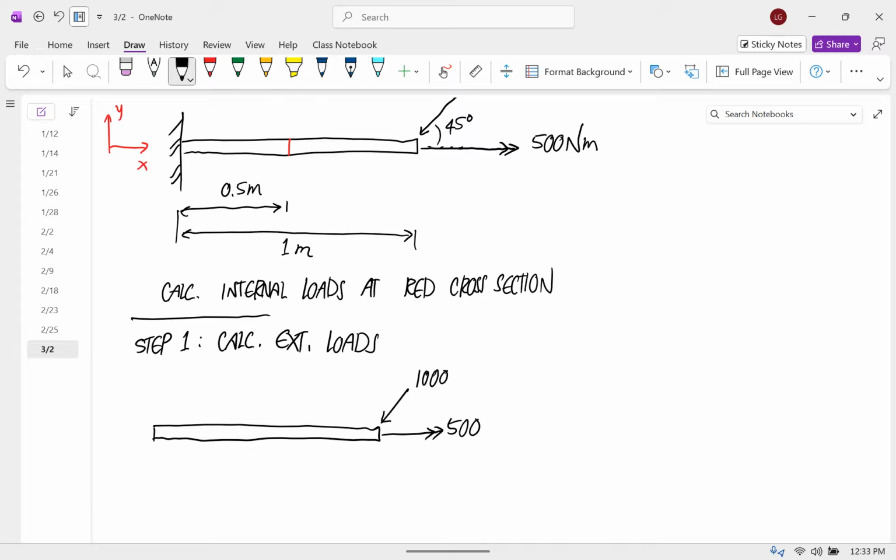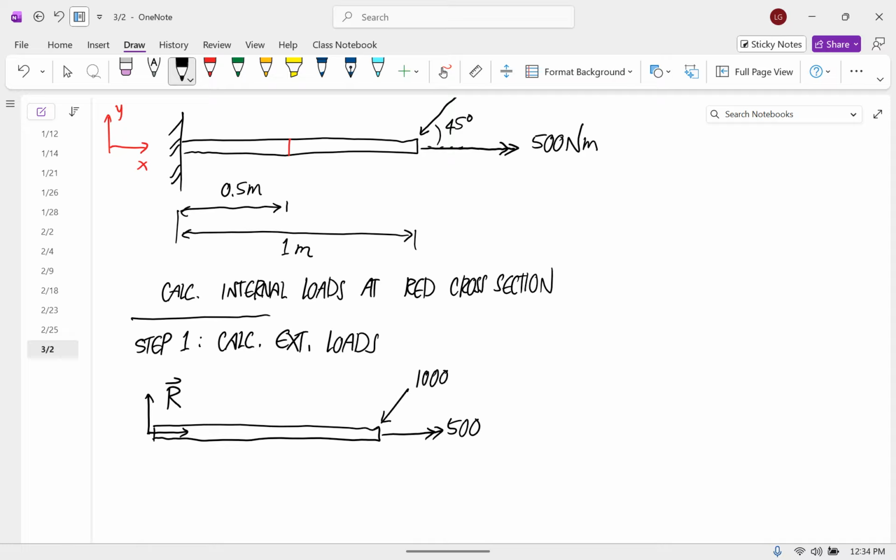That is a fixed joint at the wall. So we know that that's going to apply a full force vector. So I'll call that R. And a full vector of couples, whatever couples we need to keep it from spinning.